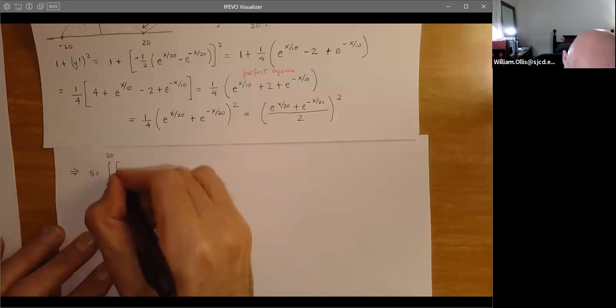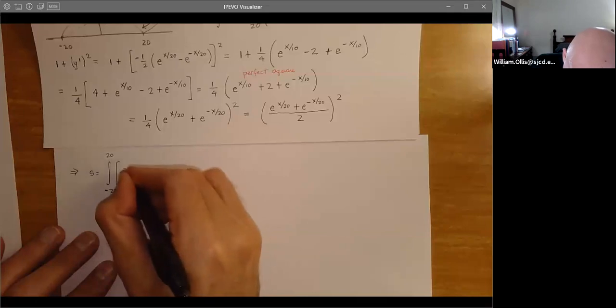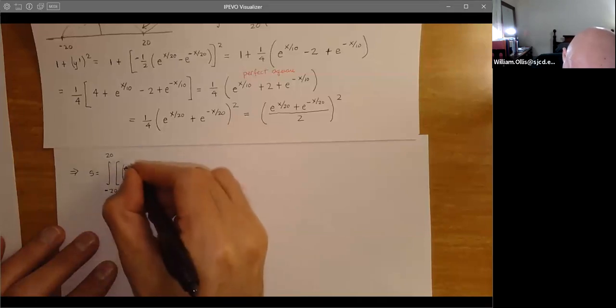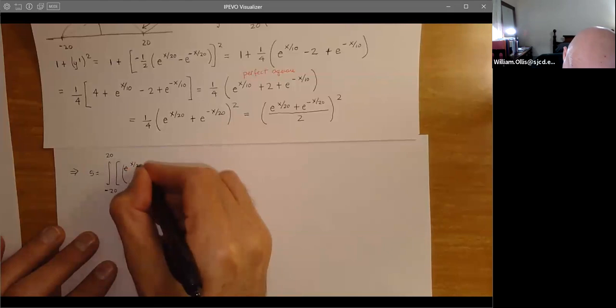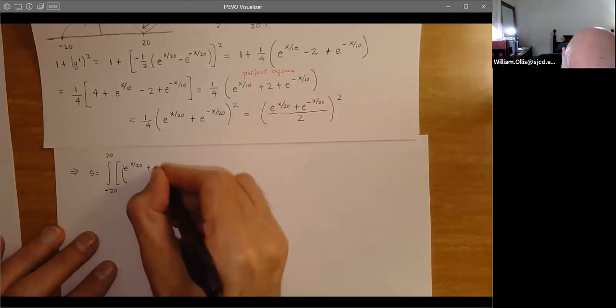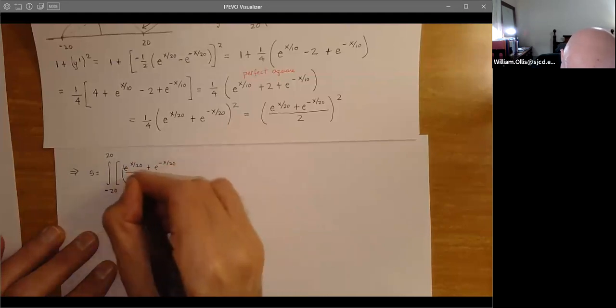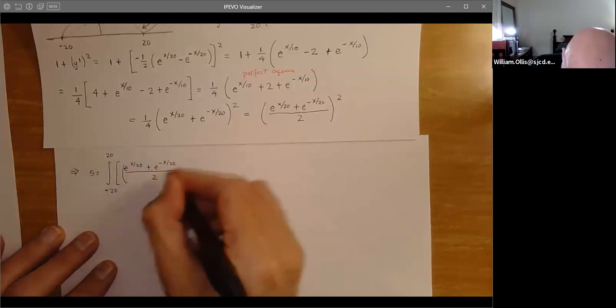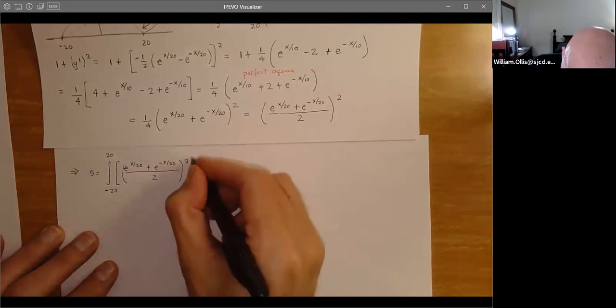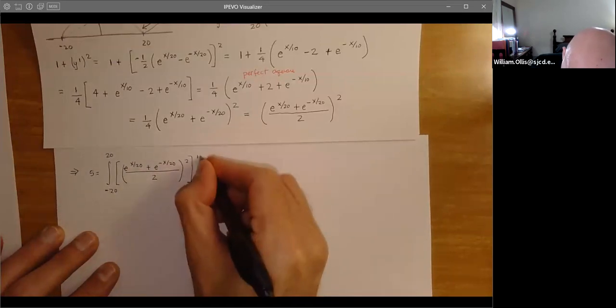And we have the principal square root, I'll just use the brackets, e to the x over 20 plus e to the negative x over 20 divided by 2, quantity squared to the 1/2.